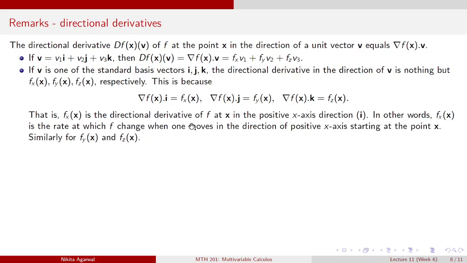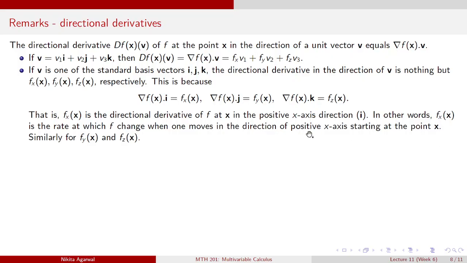So in the standard basis directions, the directional derivative is nothing but the partial derivative in that direction. That is, fx is the directional derivative of f at x in the x direction. I am sorry, this positive should not be there. In the x direction, which is i. In other words, fx, the partial derivative of f with respect to x, is the rate at which f changes when one moves in the direction of the x-axis starting at the point x.